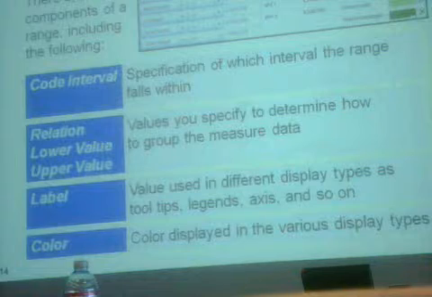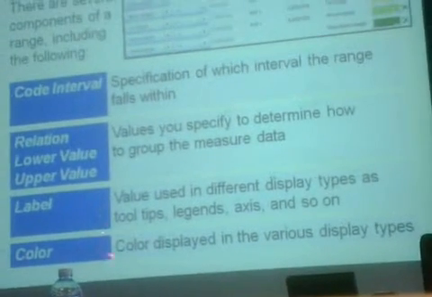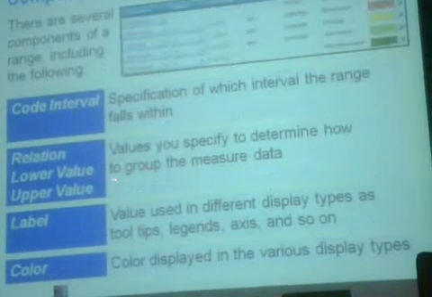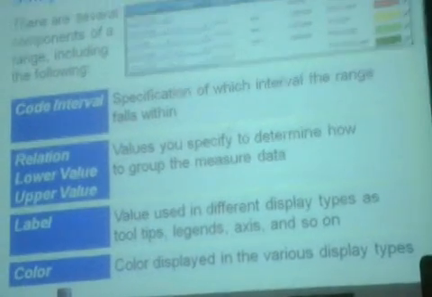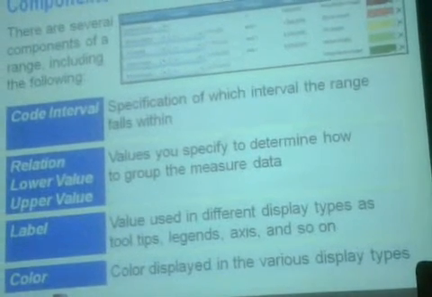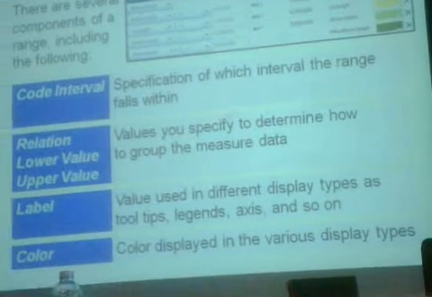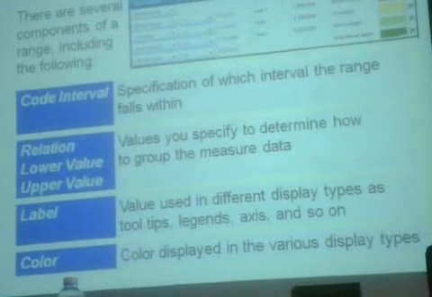The range, when we get into the range, I'll show you all this stuff, but basically I've got labels and colors, I established intervals, and then there's this thing called a code interval. Honestly, this code interval establishes colors for certain types of gauges. Some gauges are called static gauges, and they can only display 3 colors.